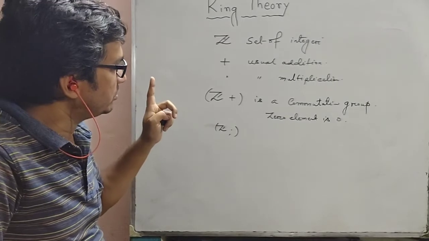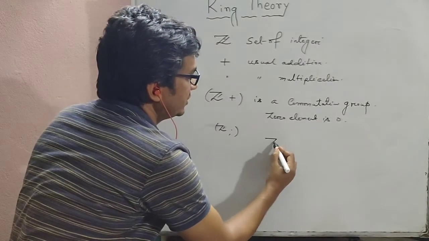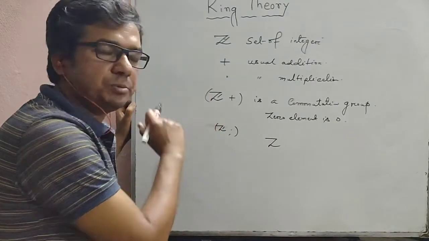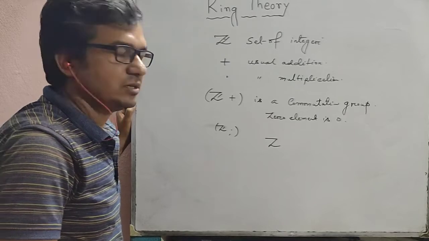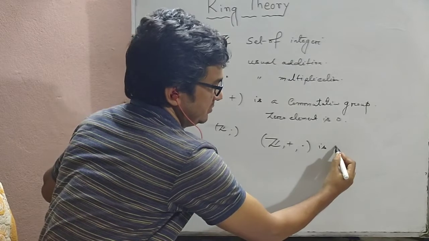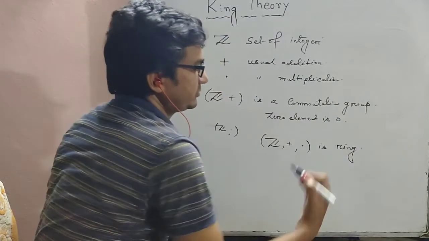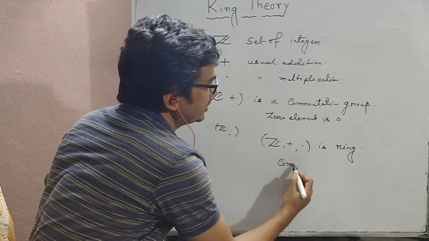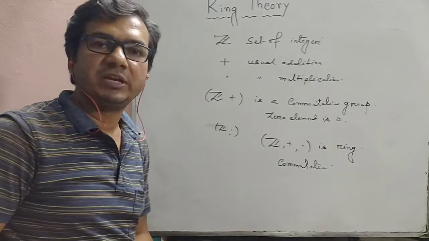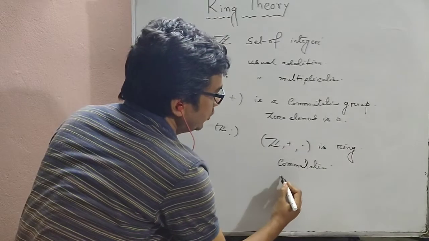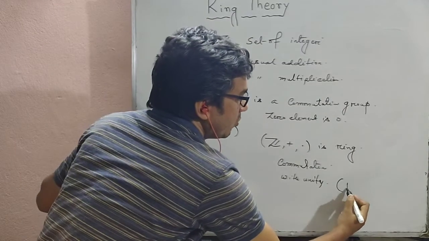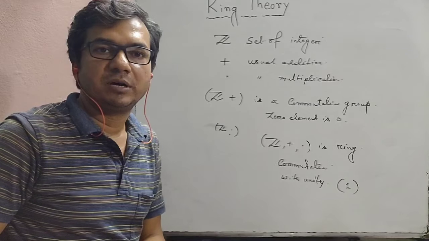So we see that the other property of a ring, that is the distributive property, obviously holds in Z. So Z plus dot is a ring, and this is a commutative ring because multiplication of integers is commutative, and this is a ring with unity because 1 is the unity of the ring.